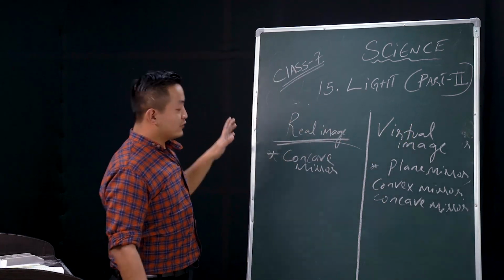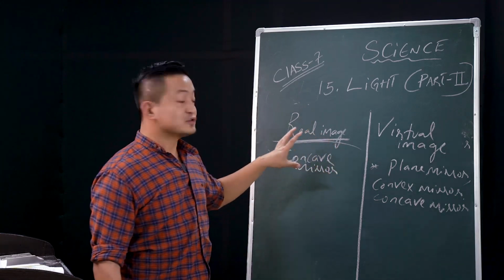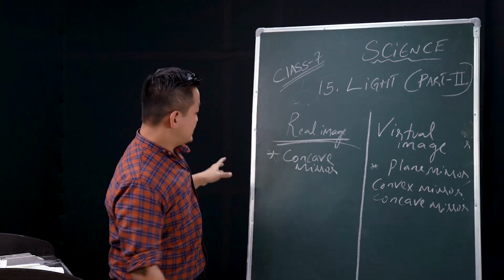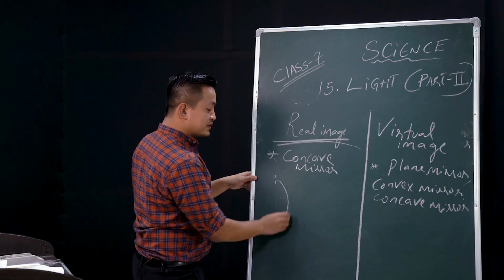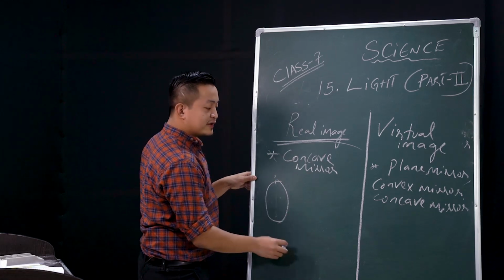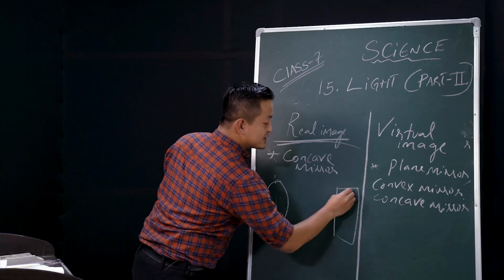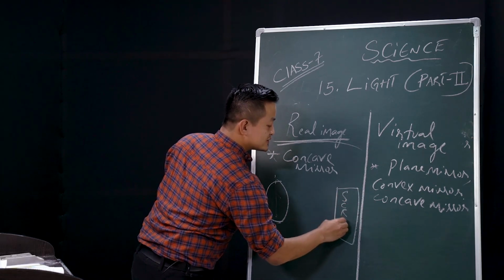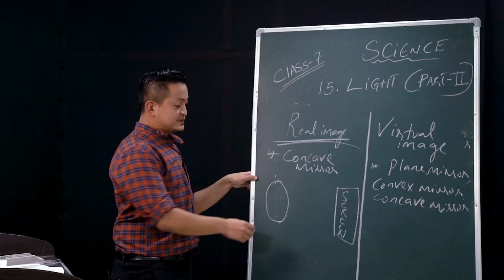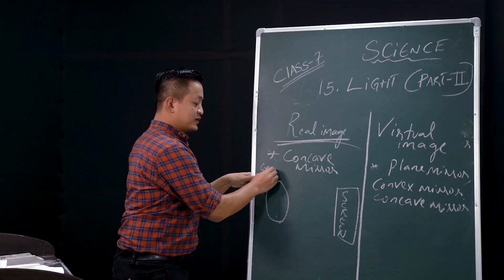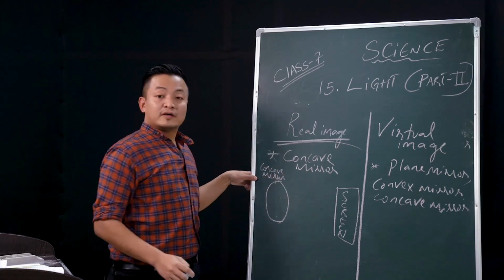Now, let's say this is a mirror, and then if we have a screen here, this is a screen. Clear? And this is a concave mirror.